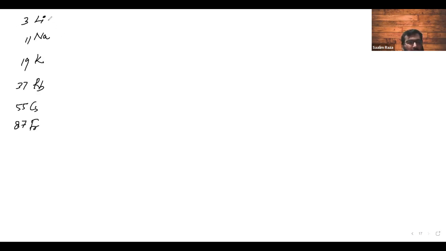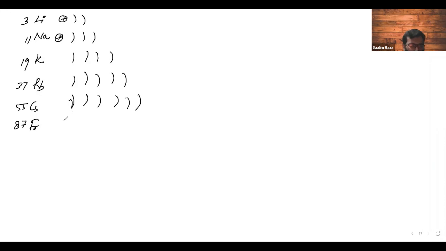Now this is in period number 2, so it will have positive 1, 2. Then 1, 2, 3, 4, 5, 6, 7. Yes, correct. All these will have different protons.